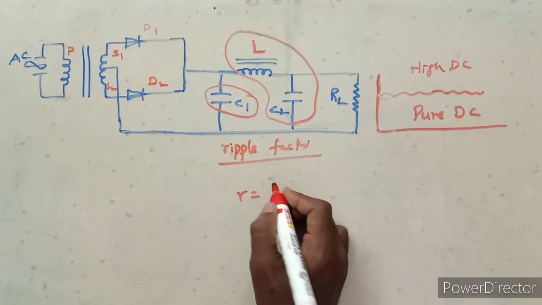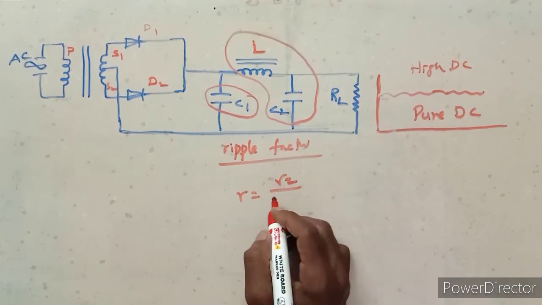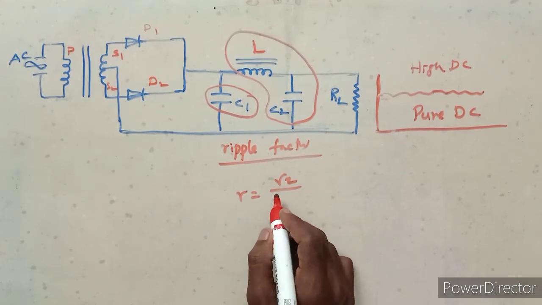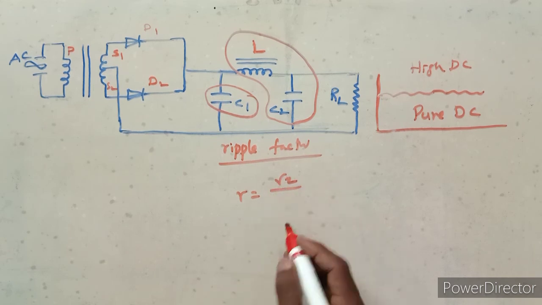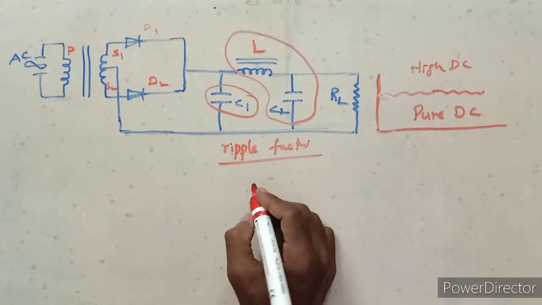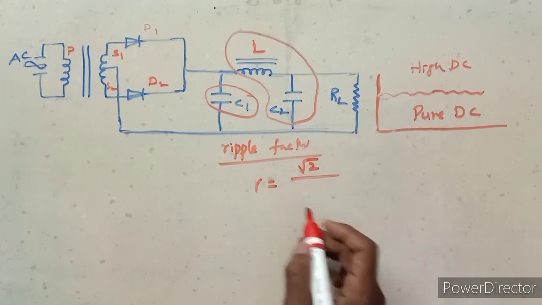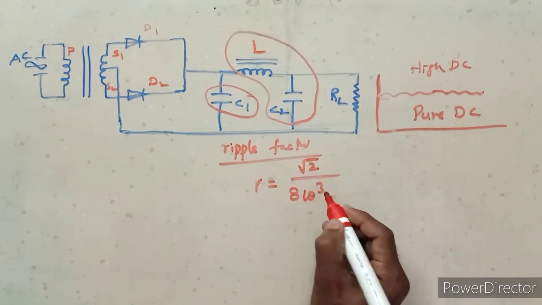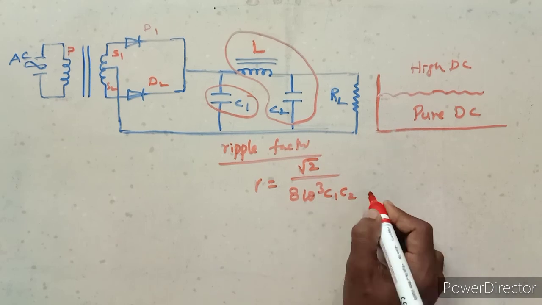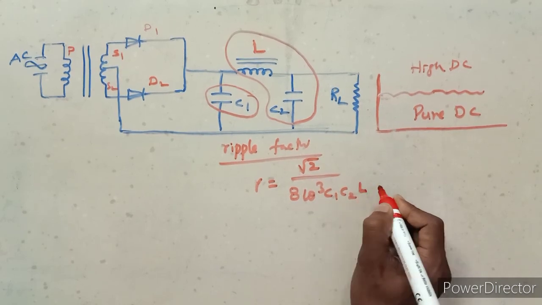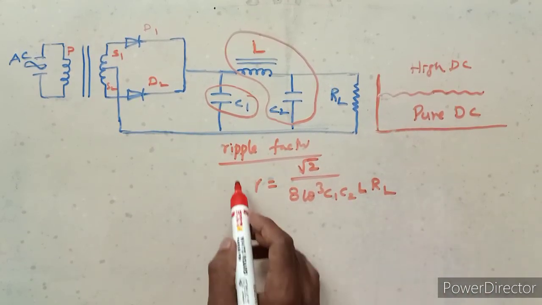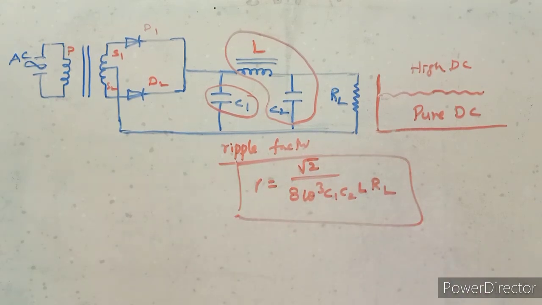The ripple factor is root 2 upon 8 omega cubed C1 C2 L. This is the ripple factor of the pi-section filter.